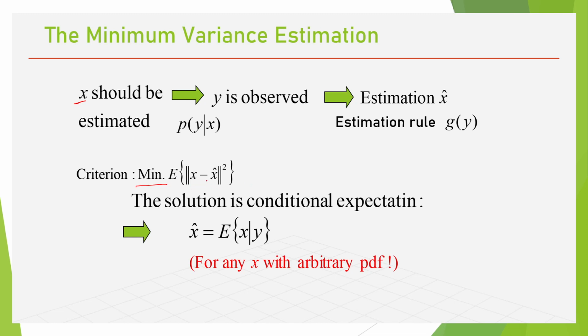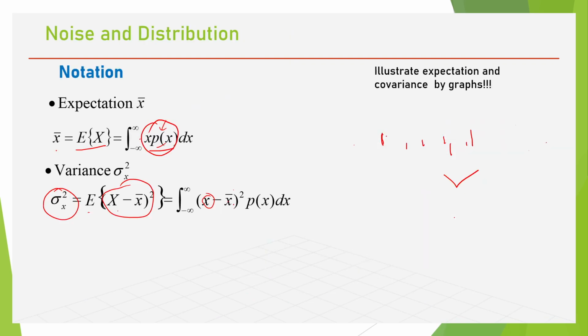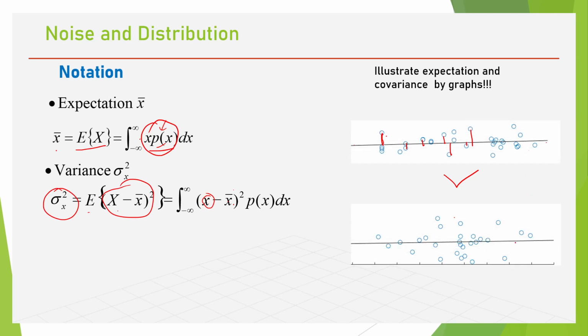To minimize the variance, I can show here again. To have the best estimate, I draw another line here. Do you think this line and this line, which one has the smaller covariance or variance? Because variance is the sum of distance squares, right?